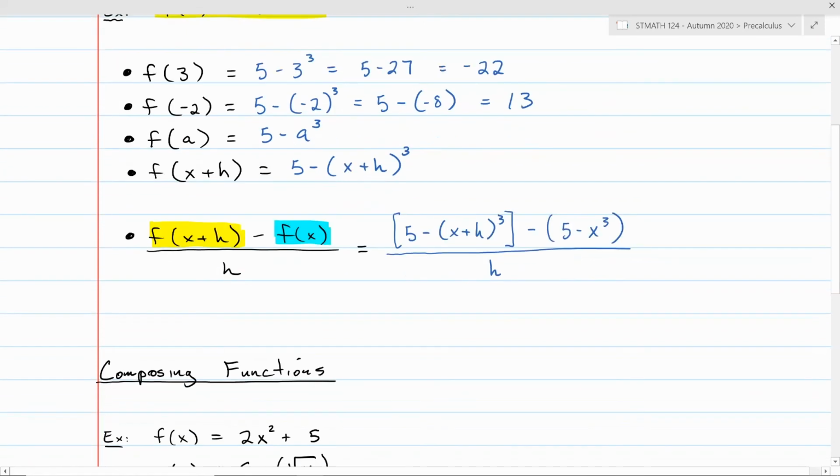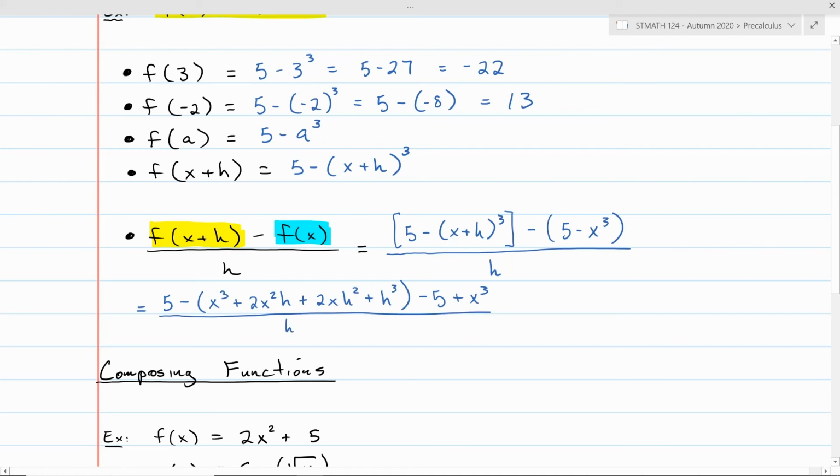Now I may want to simplify this. So I think if I were going to try to simplify it, I would multiply out that x plus h cubed. And when you do that, you get minus, it'll be x cubed plus 3x squared h plus 3xh squared plus h cubed, minus, then you have a minus 5 and then a plus x cubed, all divided by h.